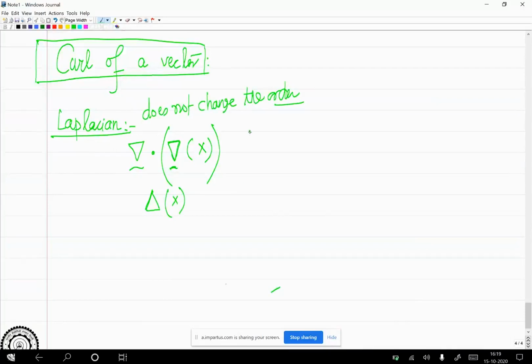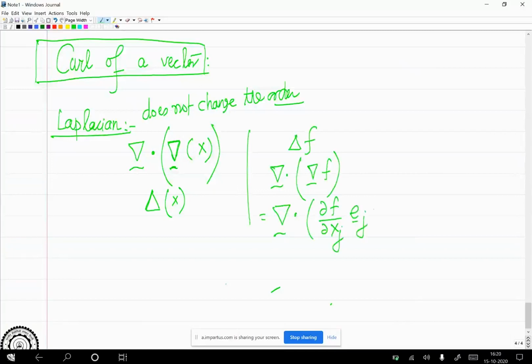Suppose I want to do the Laplacian of a scalar function f. By definition, I have to do the divergence of the gradient of f. Let us use the formula. The gradient is del f over del xj ej, and then I do the divergence, so it becomes del 2f over del xi del xj, ei dot ej, isn't it?